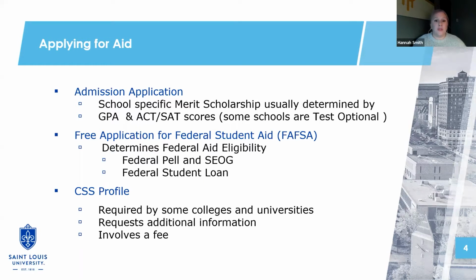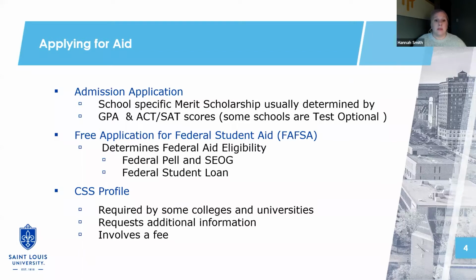Now, some colleges and universities might also ask you to submit a CSS profile to demonstrate need at the institution. This is a financial application that's going to go a little bit more in depth into your asset and financial information as a family. And this is typically asked for by more selective universities that are maybe promising to meet a certain percentage of demonstrated need for those students coming in.